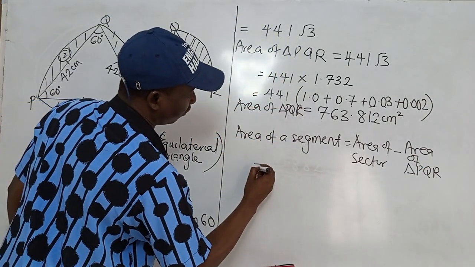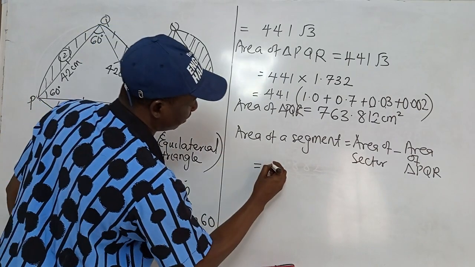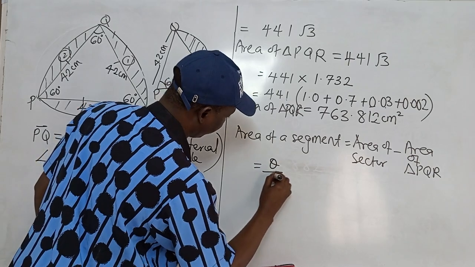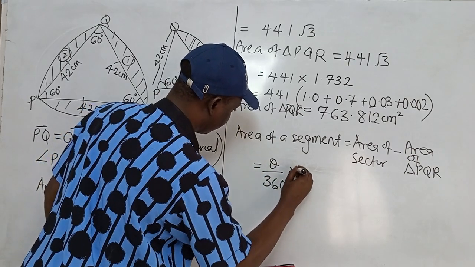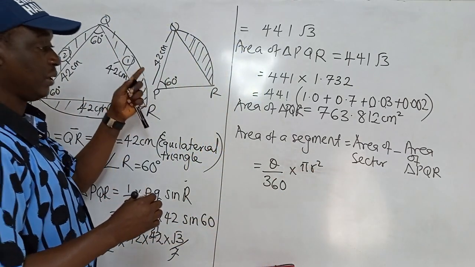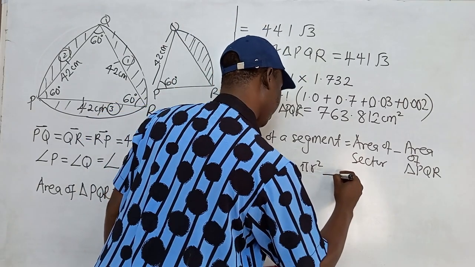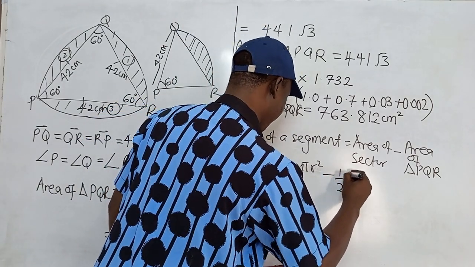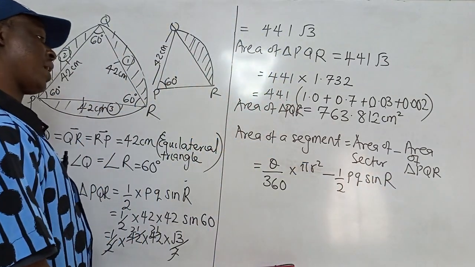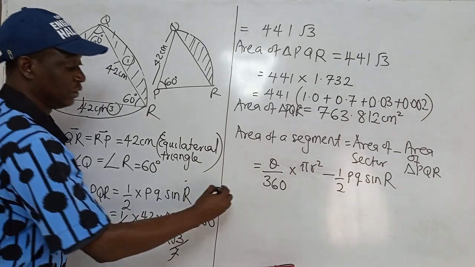The area of the sector, with 60 degrees, is theta over 360 times pi r squared. That is the formula for the area of a sector, minus the area of the triangle, 1/2 PQ sine theta. We have also used that formula before, so no need to waste our time.